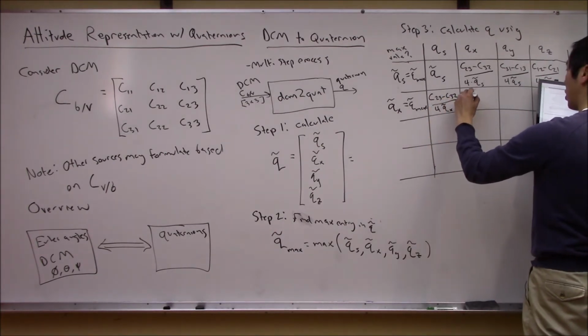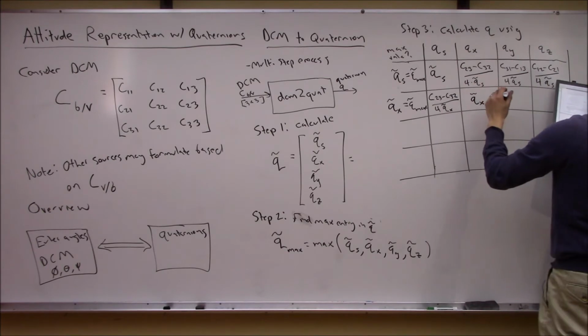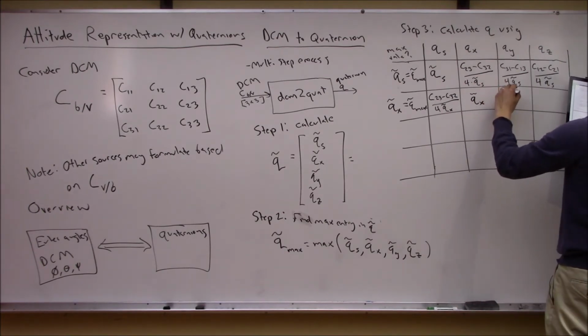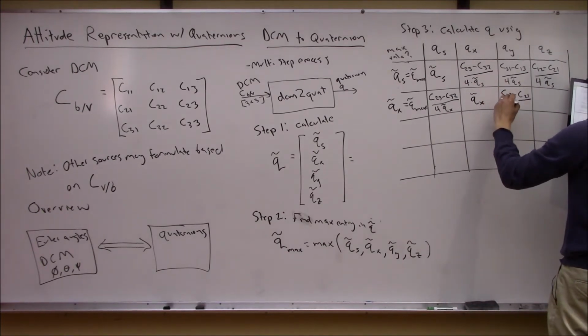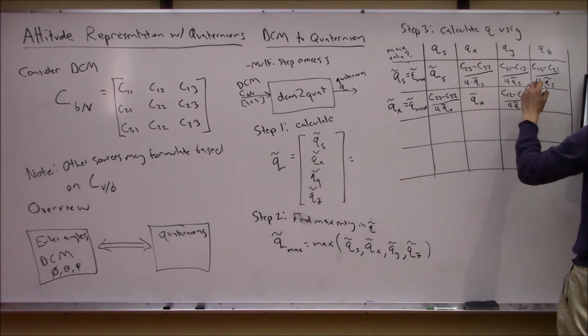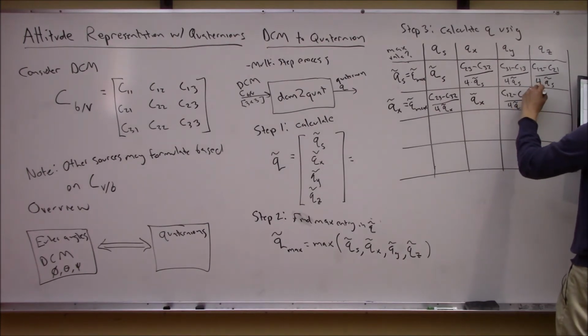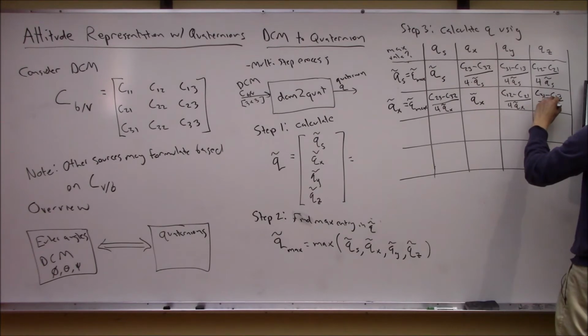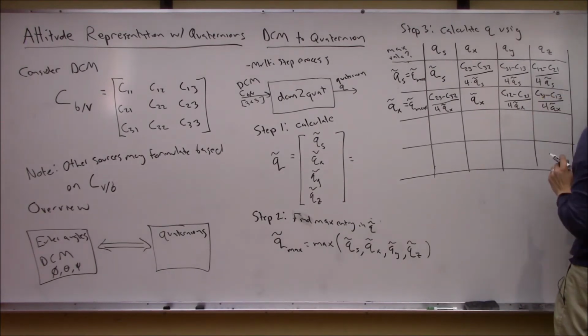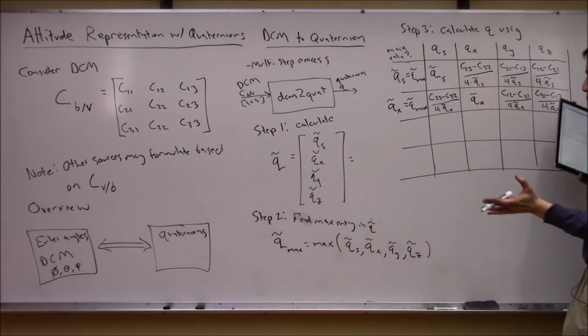Then this is going to be QX tilde. And this is C12 minus C21 all over 4 QX tilde. Oh, sorry, it's C31 minus C13 all over 4 QX tilde. Great, and I think you see the pattern at this point.